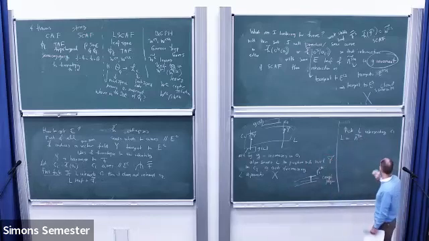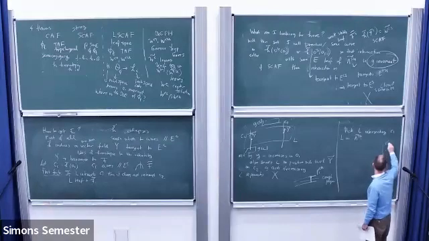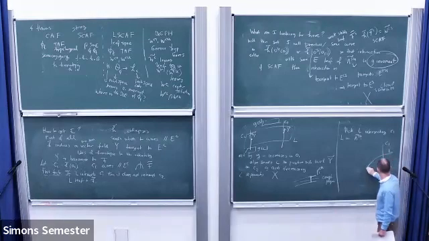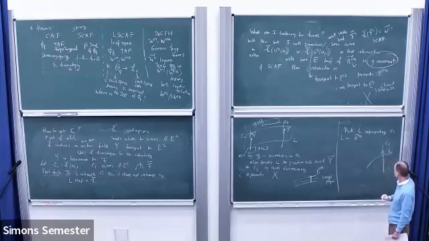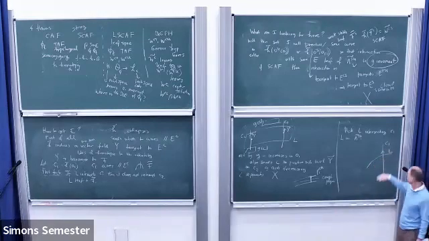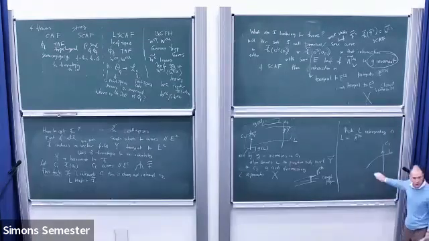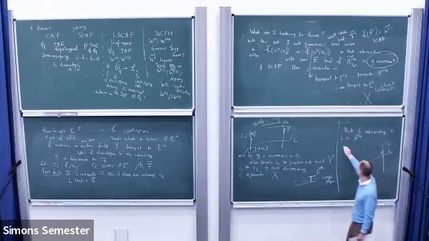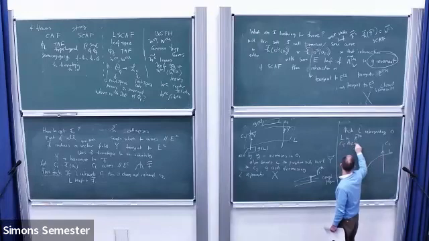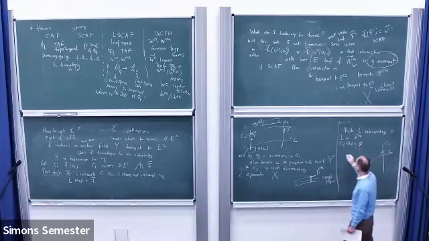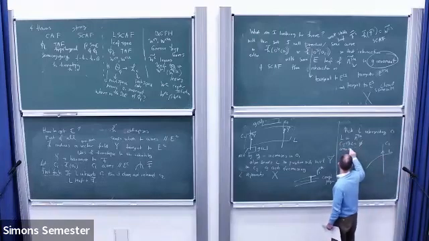So here's my C1, here's my L. So either the C2 is on the positive side or on the negative side, because it doesn't intersect. So C2 intersect with L is empty. So either on the positive side or the negative side. So we're going to assume, without loss of generality, on the positive side.